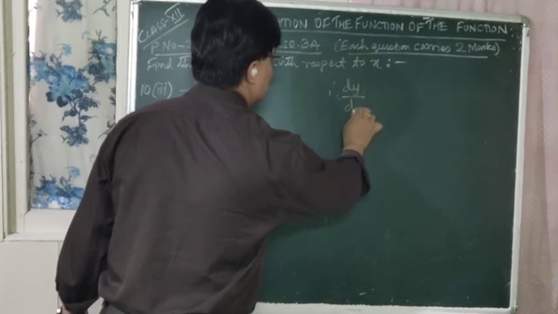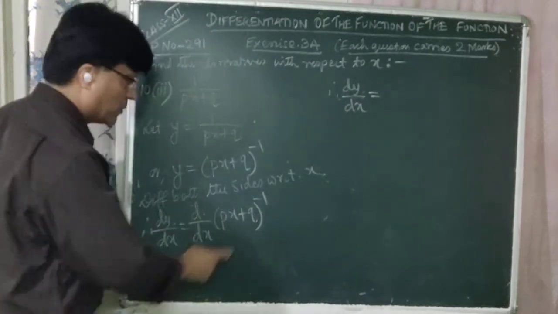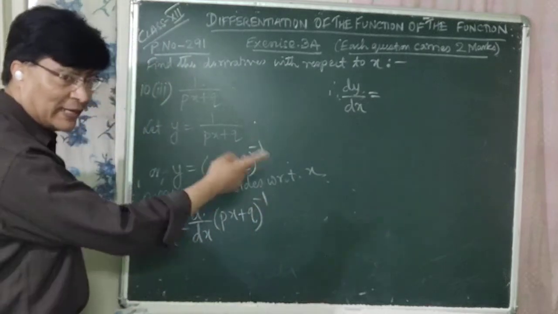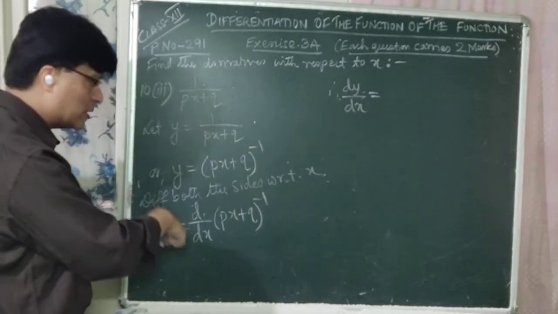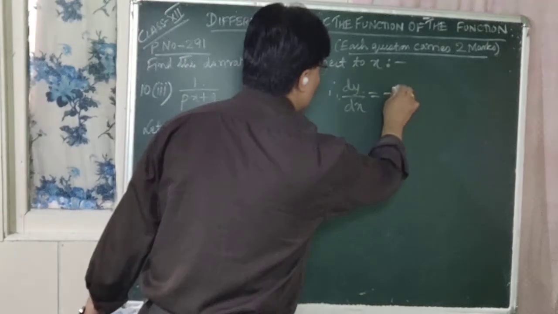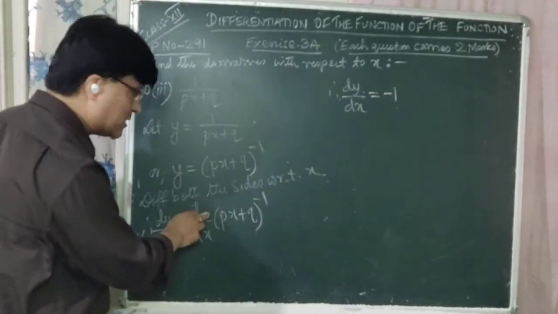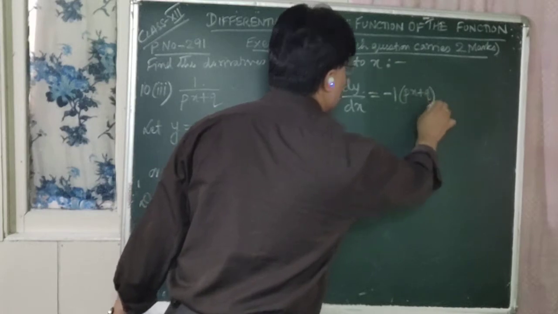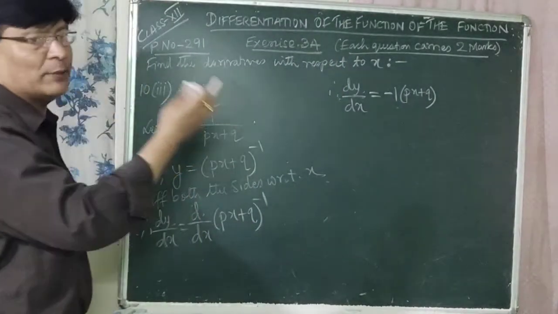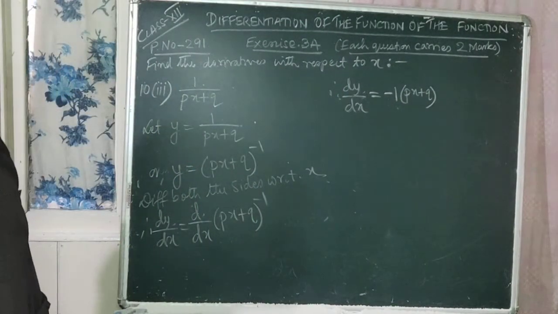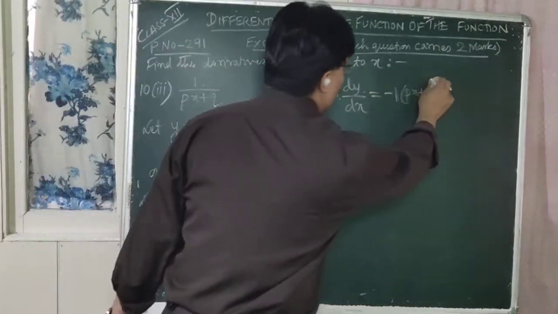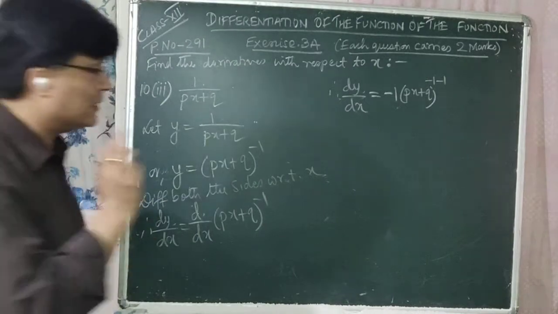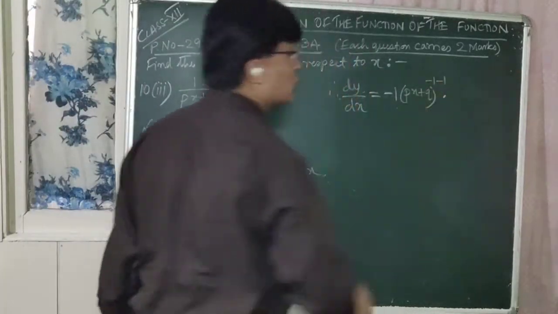So let us find out the differentiation now. So dy by dx is equal to, what is the differentiation of x to the power n? n comes in the front, the power comes in the front. What is the power here? Minus 1. Then what is x here? px plus q is assumed as x. Then whole to the power, you have to decrease the power by 1. That is, minus 1 is decreased by 1, that is minus 2. Into what?